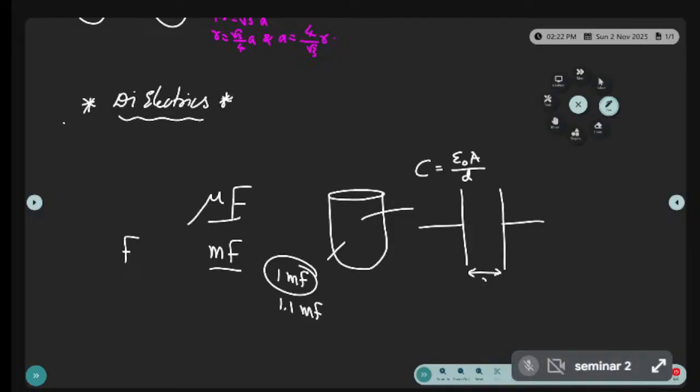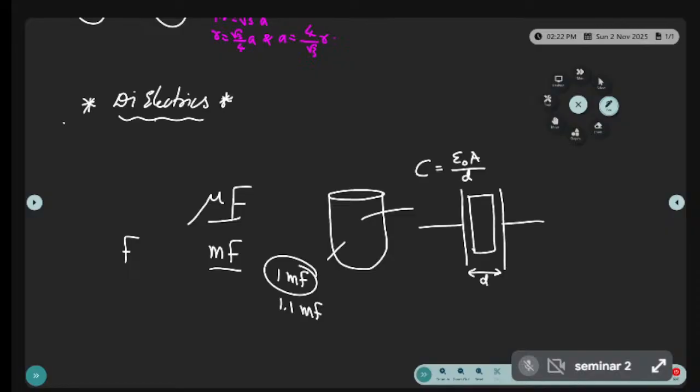Now this capacitor's capacity is C. Now I want to increase this capacitor's capacitance without changing A and D. So what do I do? We can increase the capacitor's capacitance by introducing one material. That material is dielectric material.